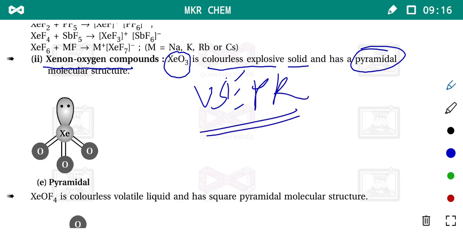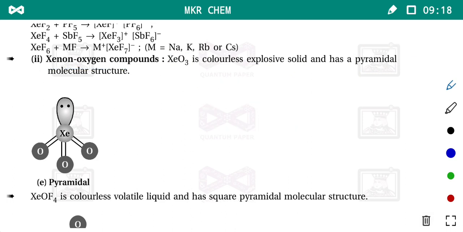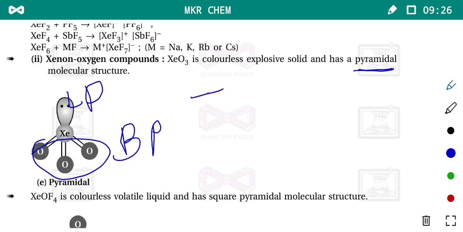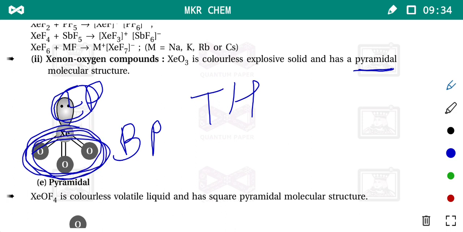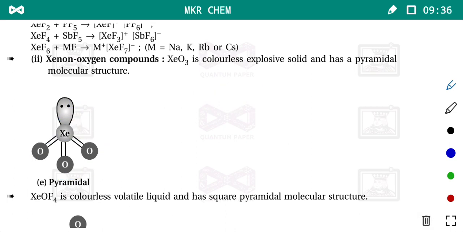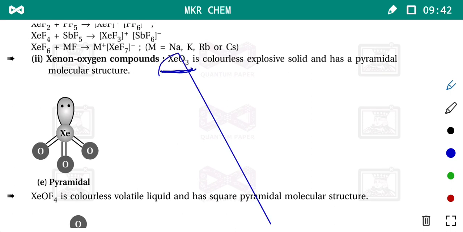The resultant geometry is pyramidal. The arrangement of the lone pair and the 3 bond pairs is tetrahedral. If you hide the lone pair, this one is the pyramidal geometry, my friends. So this shape is very easy. This is the first xenon oxide, called xenon trioxide.